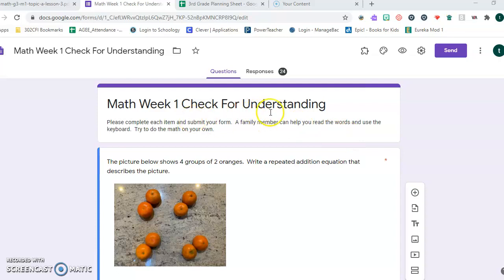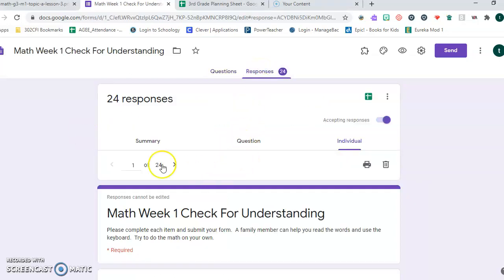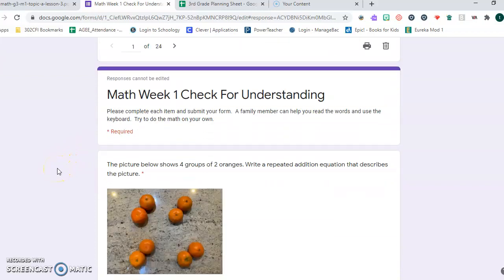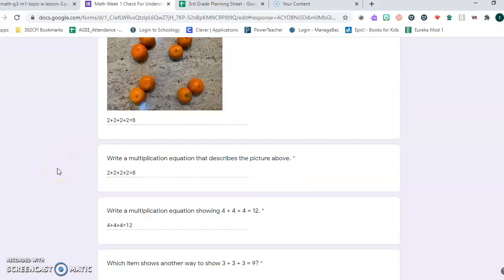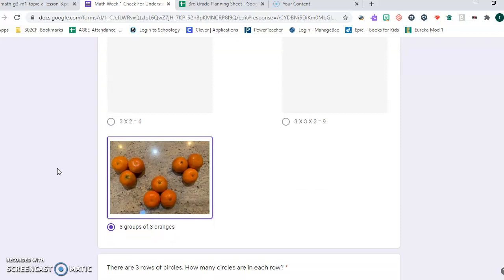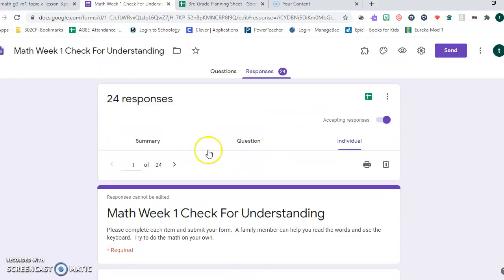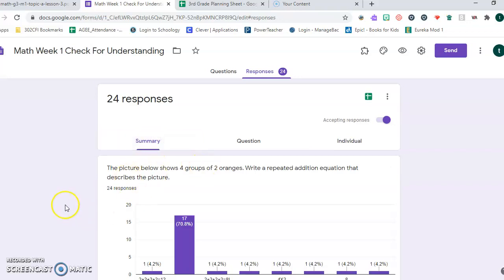I'll be using these Google Forms frequently to check in on you and see how you're doing. I get this cool little analytics sheet here in the responses where I can see how everybody answered the questions. What I want to do is look at this summary to show you.